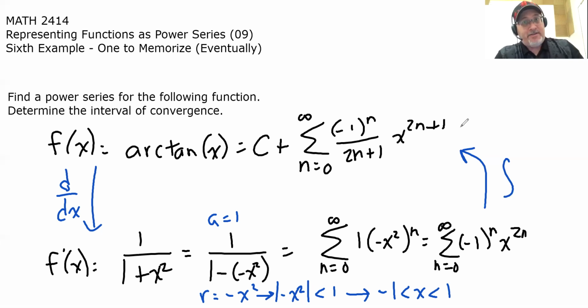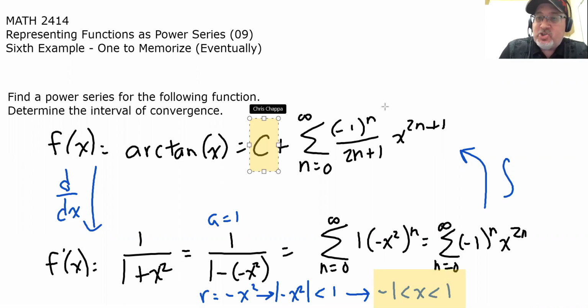Well, that was pretty painless, but we're not out of the woods yet because we still have 2 things to do. Number 1, investigate the endpoints of the interval of convergence to see if we picked up convergence at either 1 or negative 1. And number 2 is to find the value of that constant. Let's start with finding the constant.